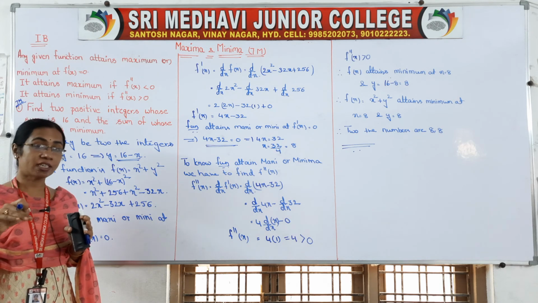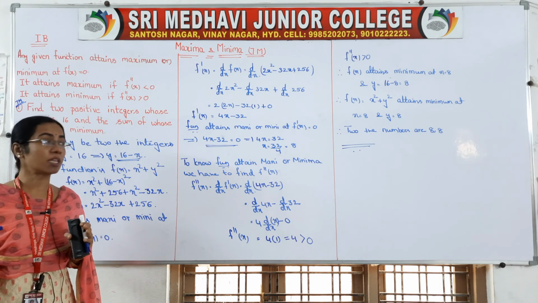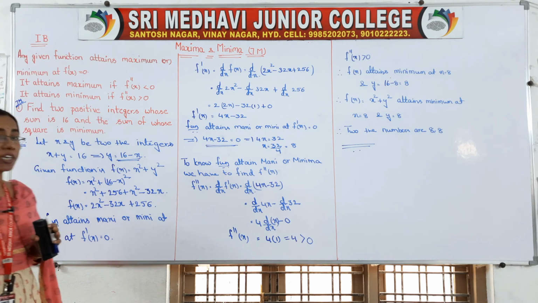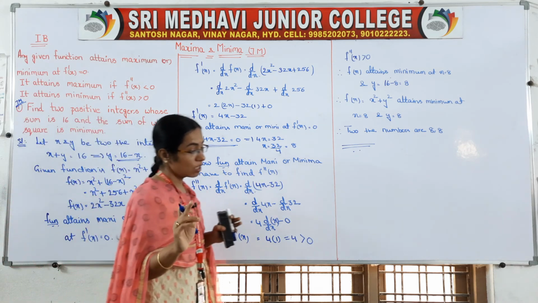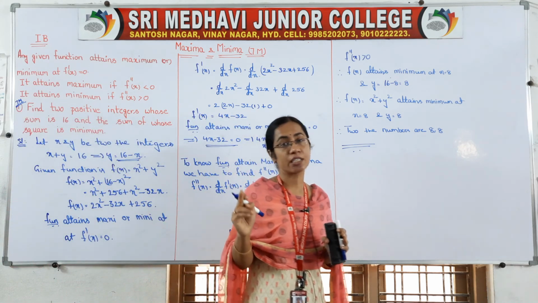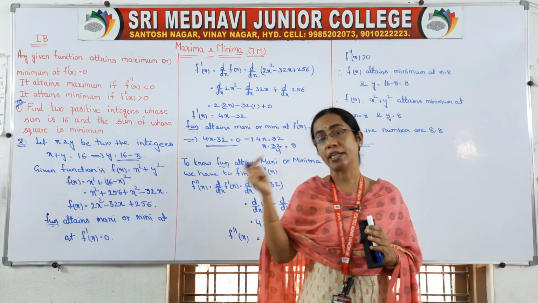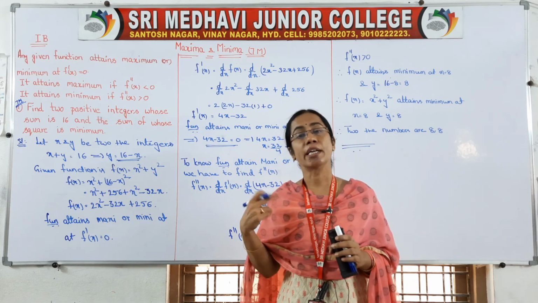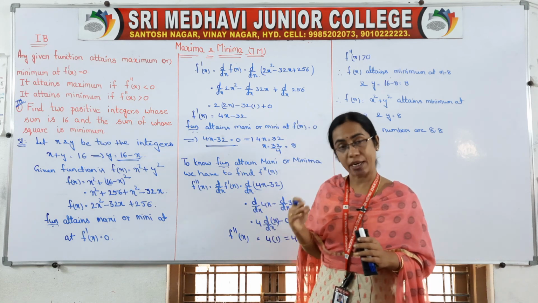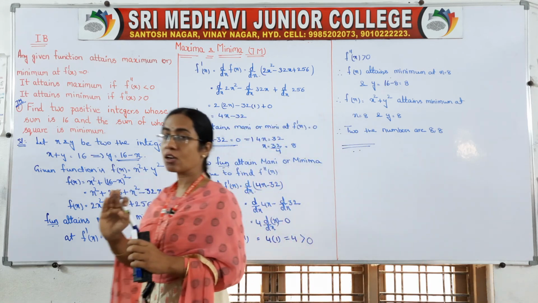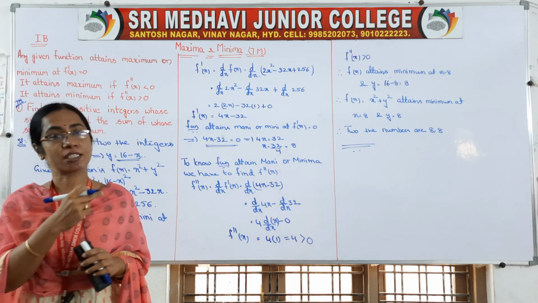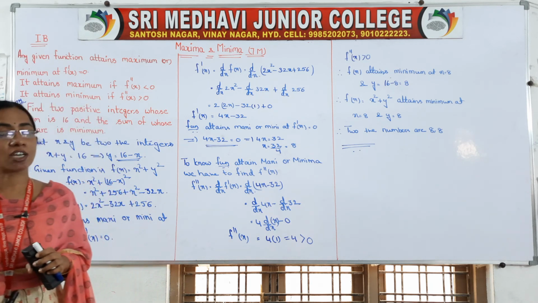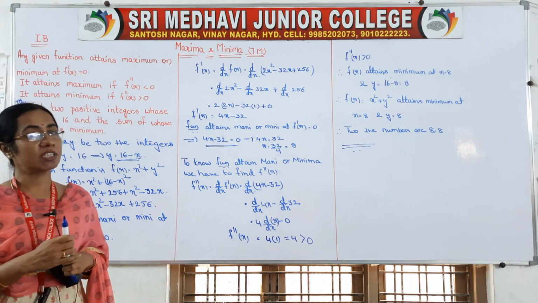To know whether the function attains maximum or minimum, you find f double dash x. If your f double dash x is greater than 0, it attains minimum. If f double dash x is less than 0, it attains maximum. That is the concept to find maxima and minima of any function. Be clear with the concept.